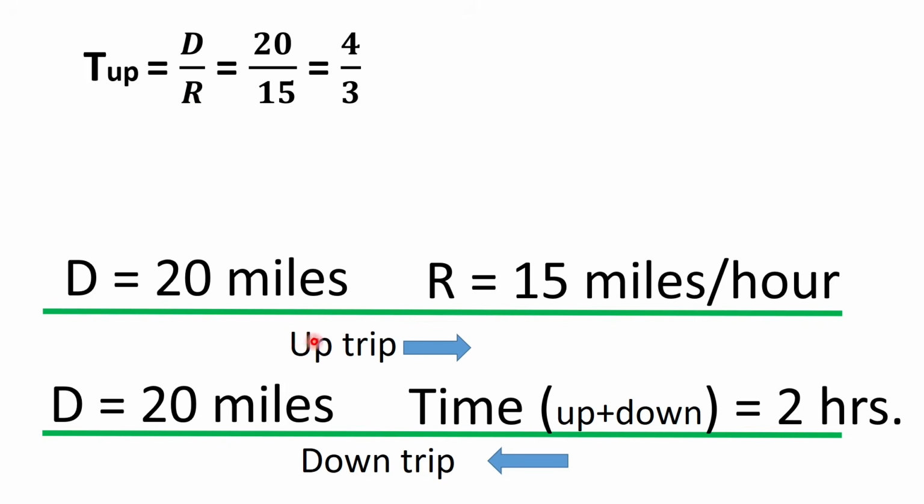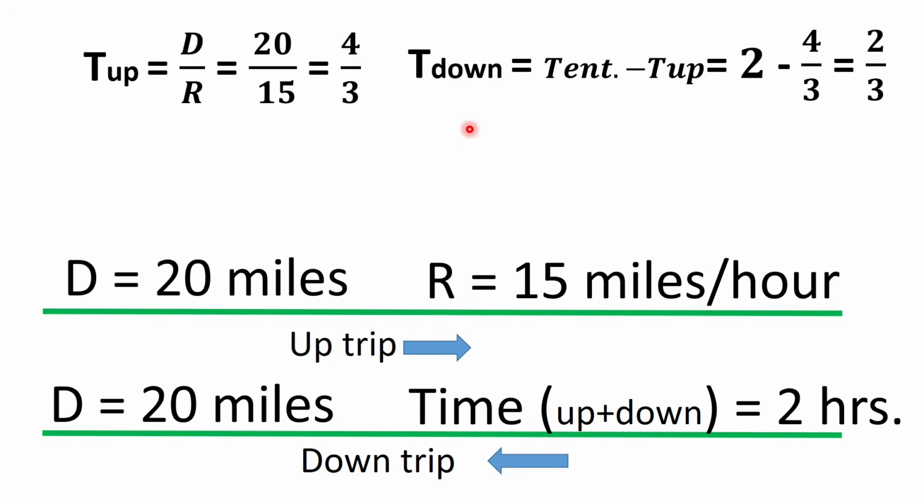So the up trip time is 4 divided by 3, and now we have the entire trip time, which is equal to 2 hours. Now if we subtract the up trip time from the entire time, we will get the down trip time. So time for the down trip equals time of the entire trip minus time of the up trip.